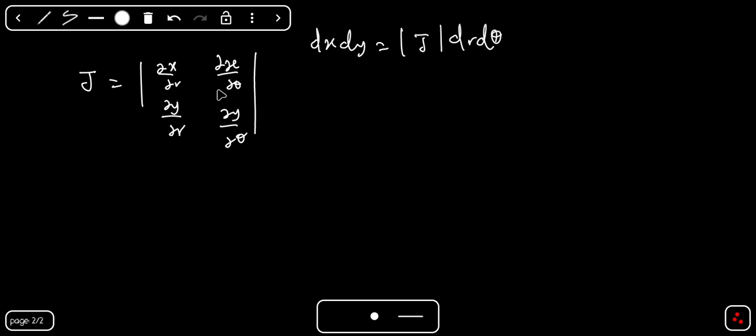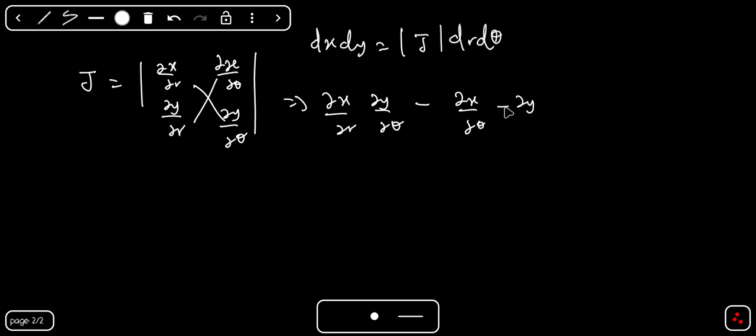If we find the determinant, this means dx/dr multiplied by dy/d theta, minus dx/d theta multiplied by dy/dr. So that is the formula.